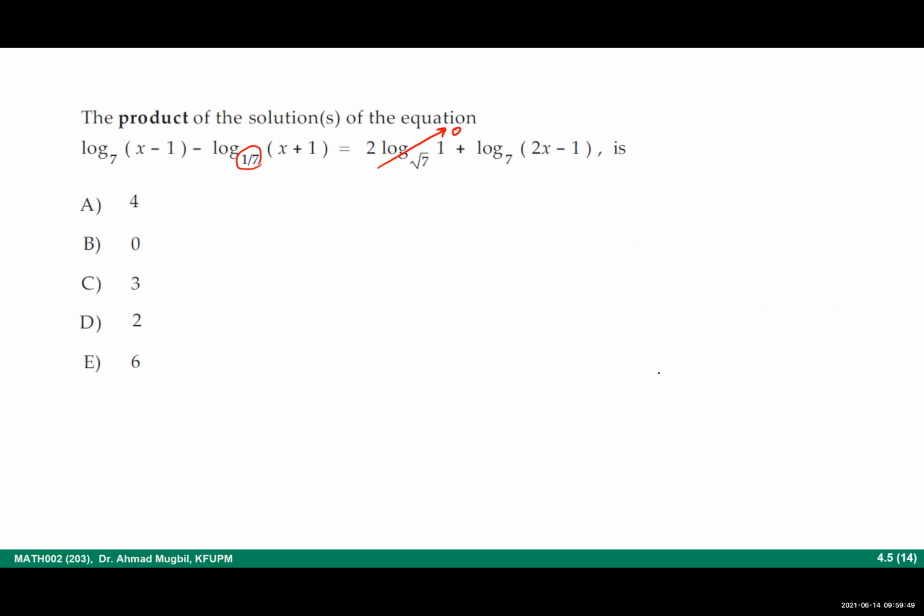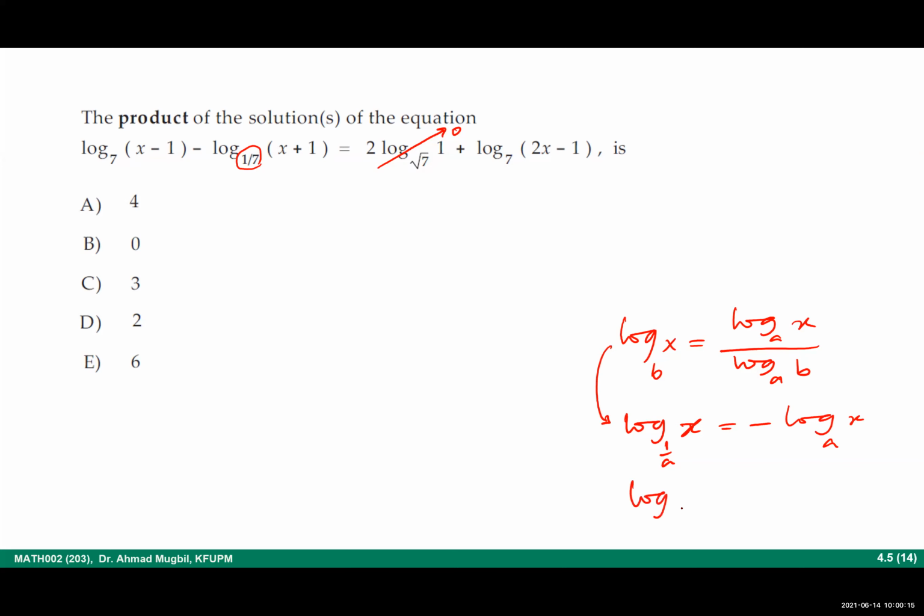Let me remind you about the change of base formula. We said that log b of x equals log a of x over log a of b. Also, I told you that log base 1 over a of x equals negative log a of x. This will save your time. Indeed, it comes from here, and if you apply it, you will see this.